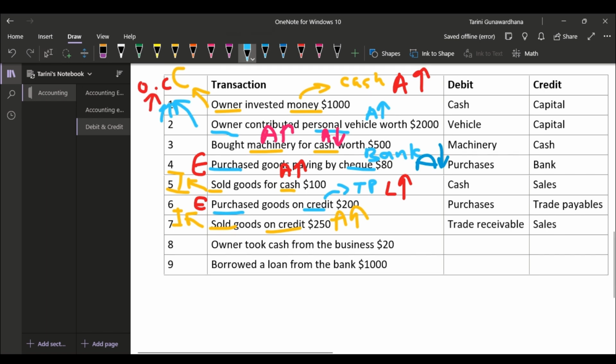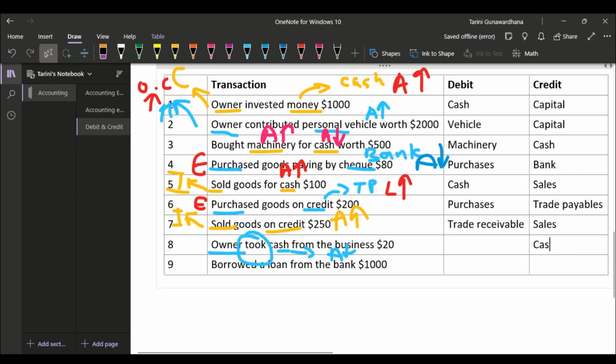Next one. Owner took cash from business, $20. Now it's the owner involved, but owner takes cash. And it's cash. Cash is an asset. But when the owner takes cash, the amount of cash in the business will decrease. So asset decreasing is credit.